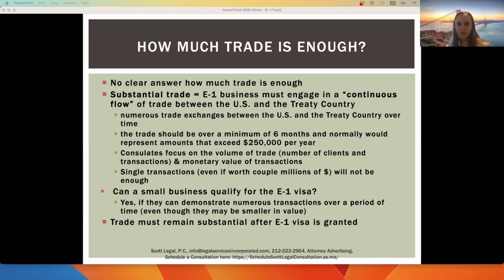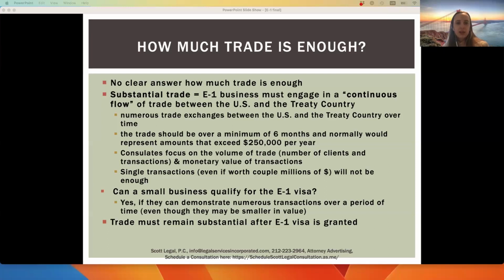Nothing like that is in the regulation. Instead, the government wants to see that there is a continuous flow of trade between the treaty country and the U.S.